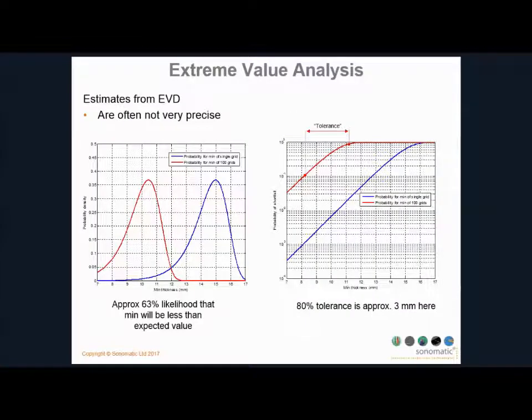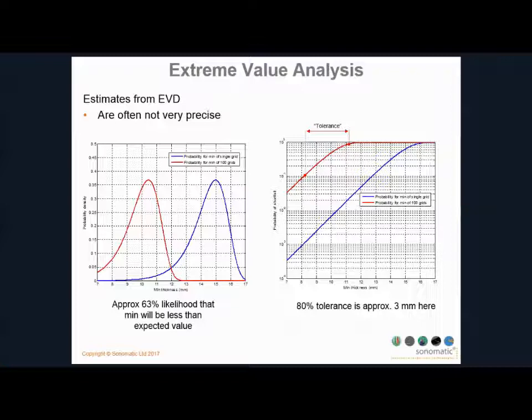I think it's worth also saying that the estimates from an extreme value distribution are not always very precise. Sometimes people put a lot of store by the minimum thickness estimate based on an extreme value distribution, or even other statistical methods, without asking how good an estimate that is actually likely to be.